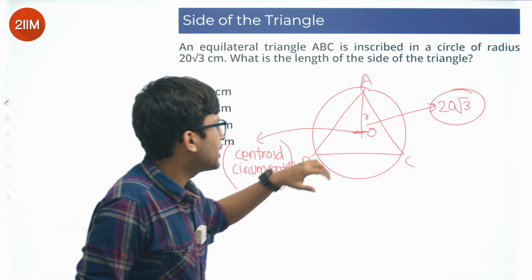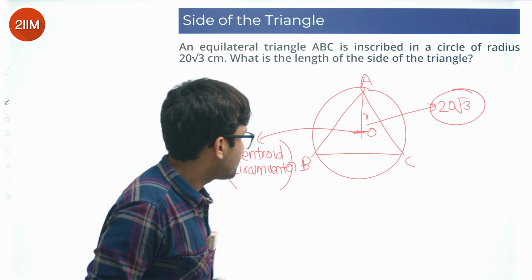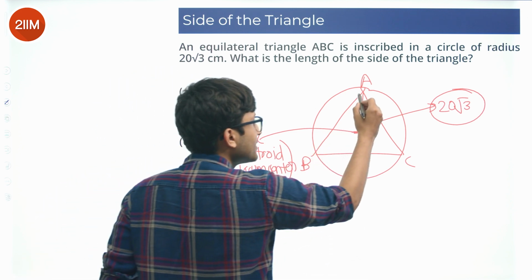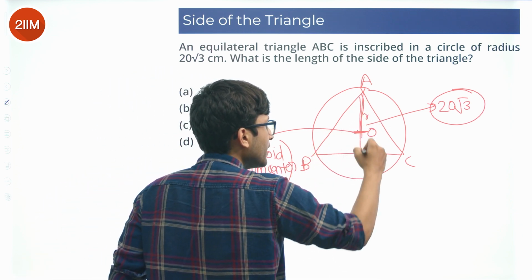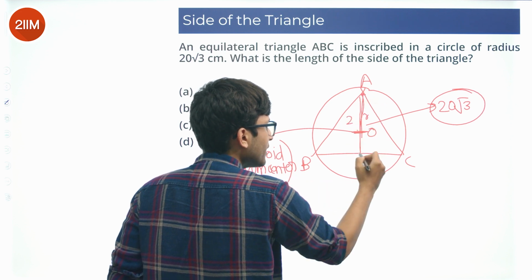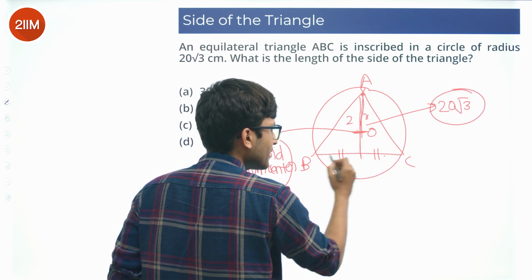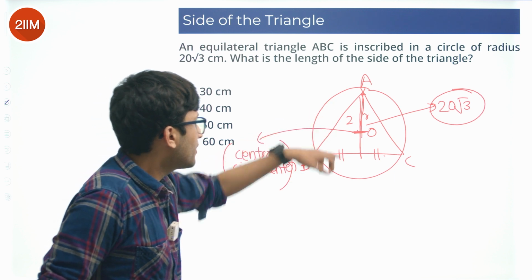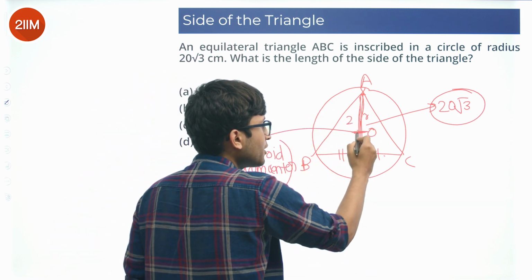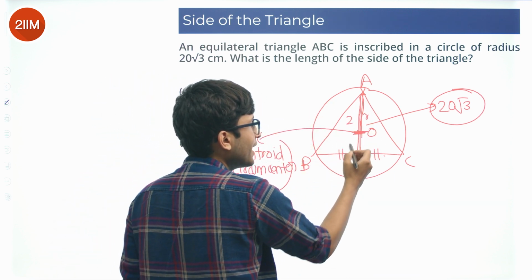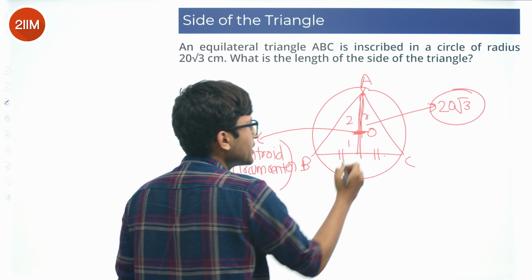And what does the centroid do? The centroid divides the median in a ratio of 2:1.